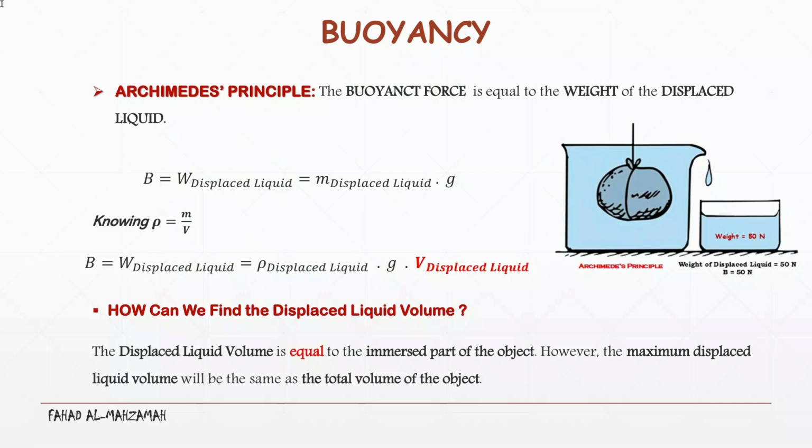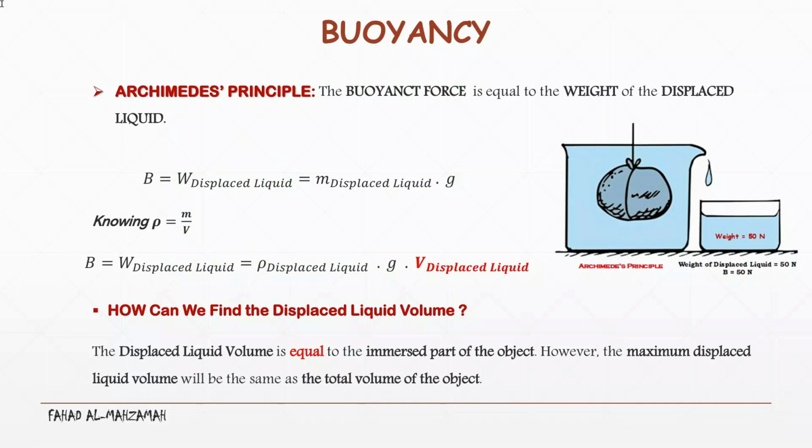Okay. What's the volume of the displaced liquid? The maximum displaced liquid volume will be the same as the total volume of the object. And this is obvious. The object cannot displace greater than its volume. يعني أي جسم ما يقدر يزيح أكثر من حجمه. هو راح ياخذ نفس حجمه بالضبط.